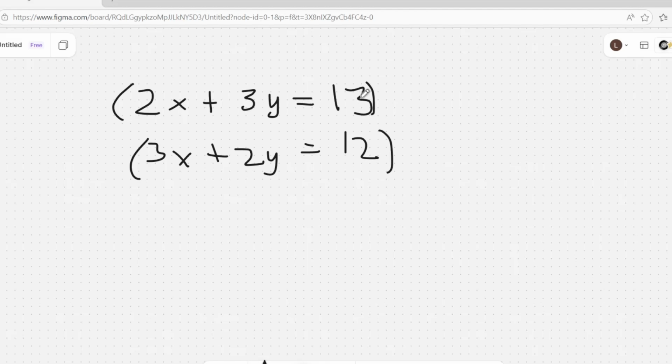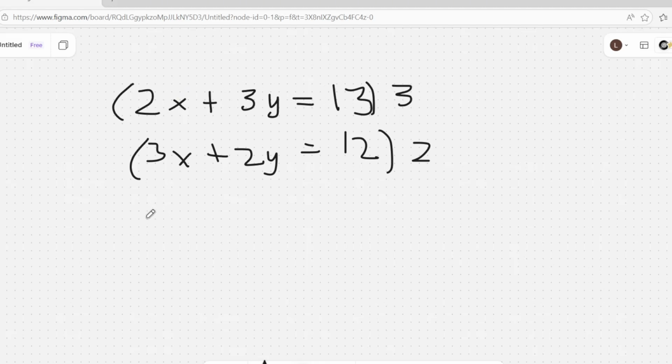What I want in my case is to make this x the same. For us to get that, I need to multiply all the terms in the first equation by 3 and the second by 2. I'll explain further why I chose that. First is to distribute the numbers to all the terms.